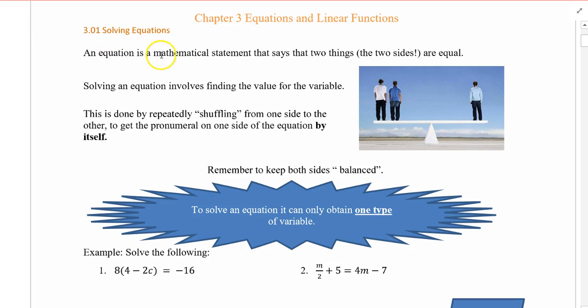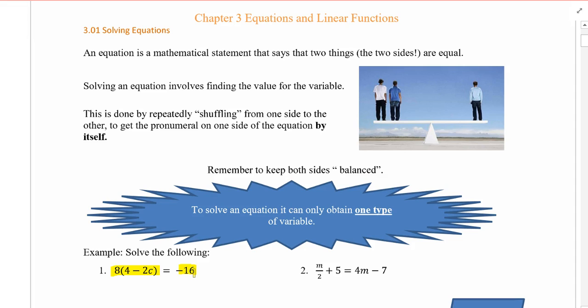An equation is a mathematical statement that says that two things are equal. Now, the two things, if I just highlight them here, in this example, obviously you can see the equal sign in the middle. So one of the things, or we might choose to call it the left-hand side, is an expression. It's got a number, it's got some brackets, and we'll learn what to do with those, is equal to, and the right-hand side, in fact, is fairly straightforward.